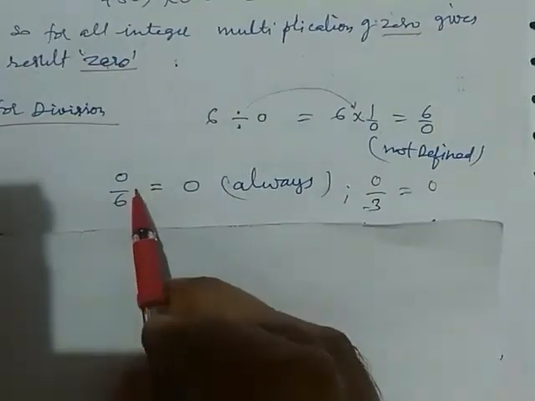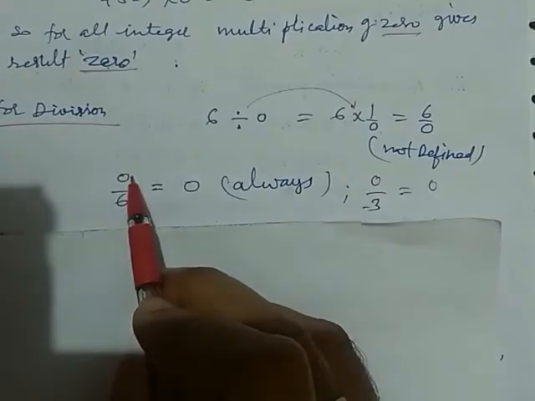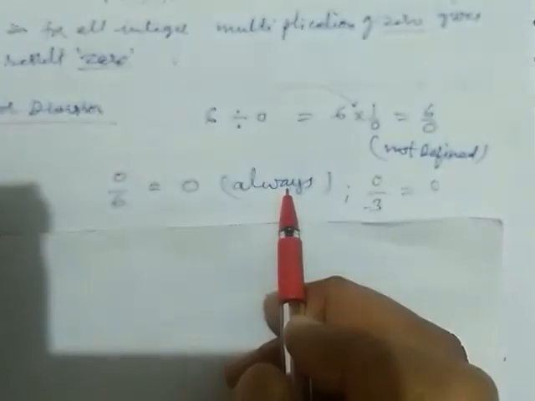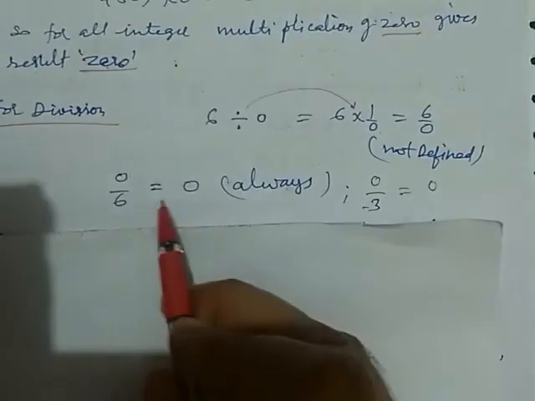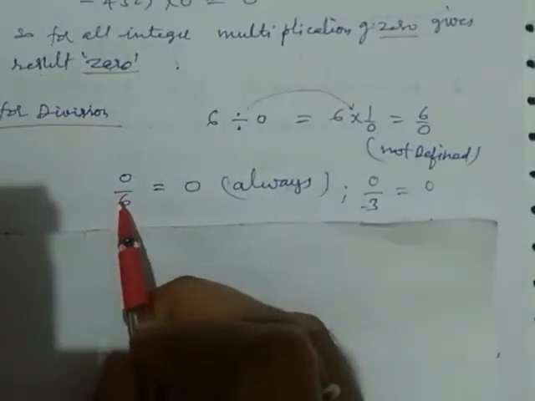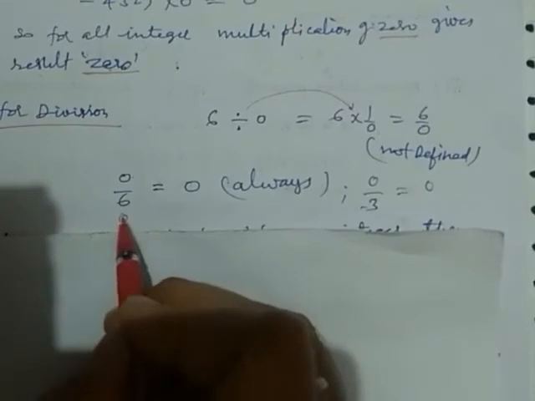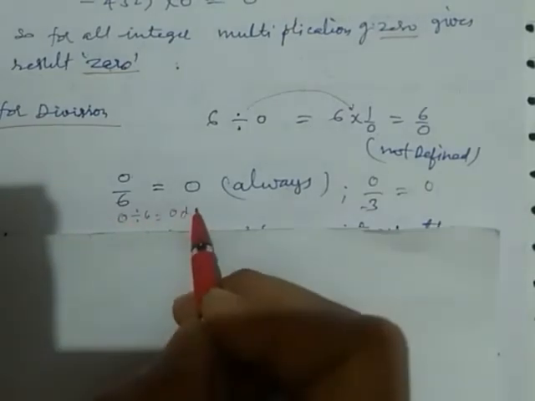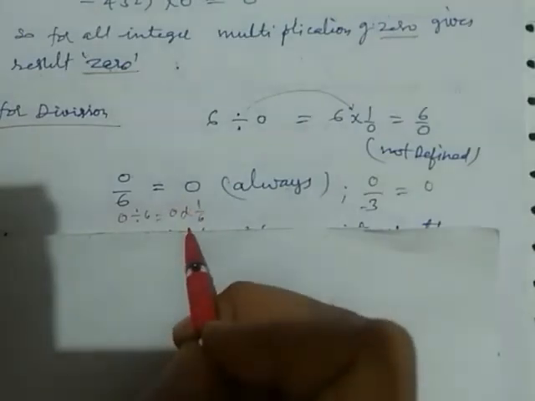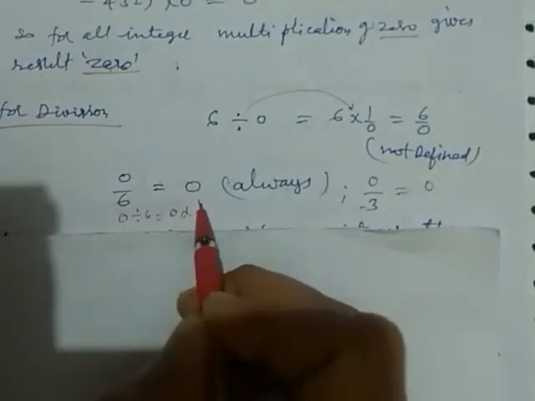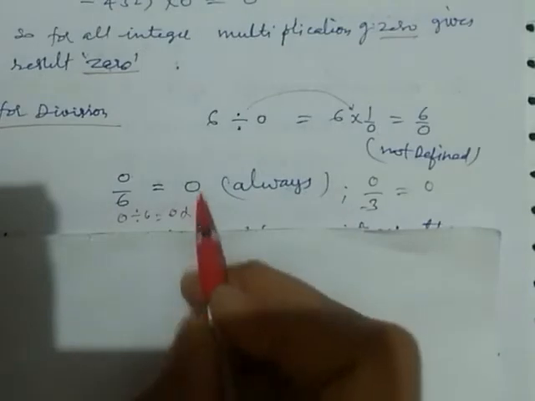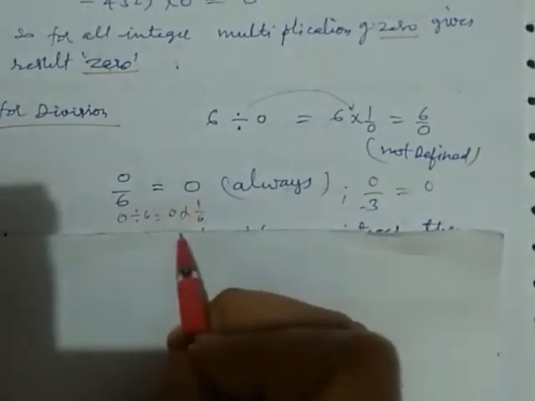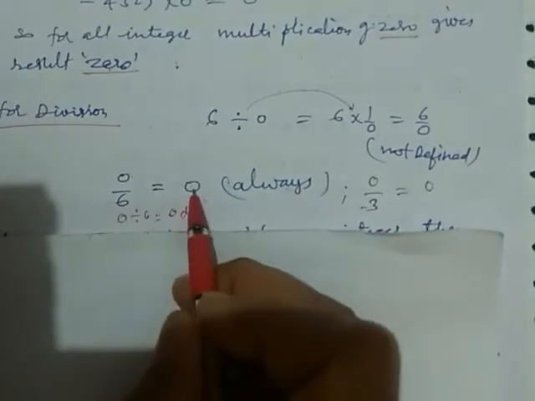Here we see that when we divide 0 by any number, we always get 0. When we divide 0 by 6, it means 0 into 1 by 6, so 0 into 1 is 0. When we multiply 0 by any number, it is completely 0.